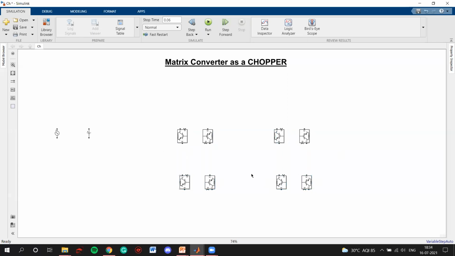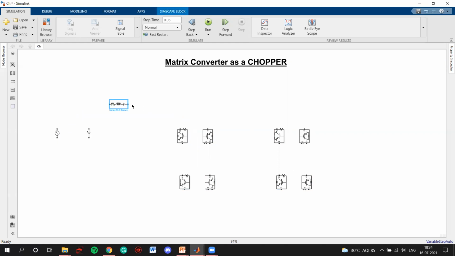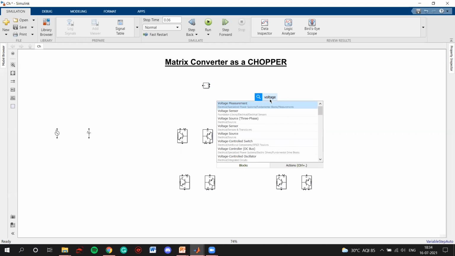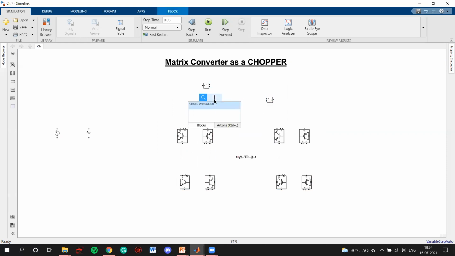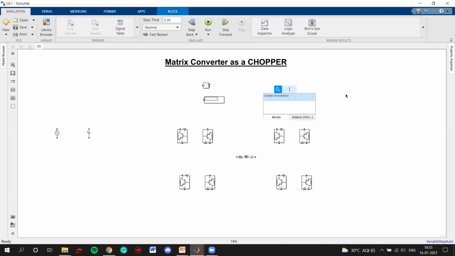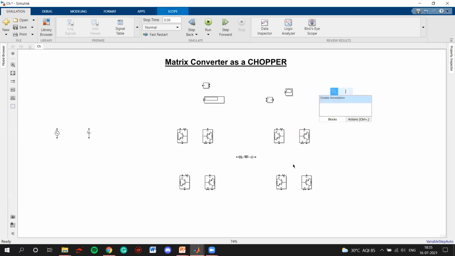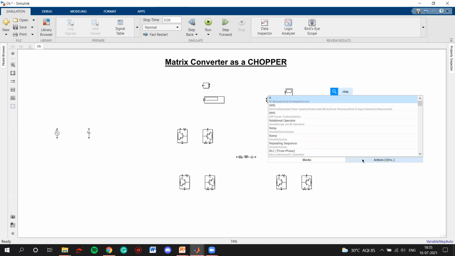Now we will take one RLC series branch. We'll use it as the load. We will use a current measurement, a voltage measurement as well, a display, a scope, and an RMS block.